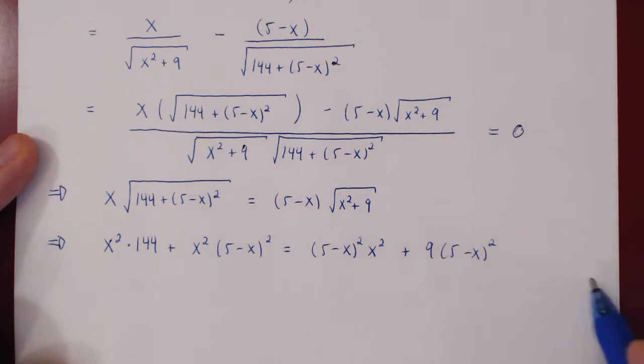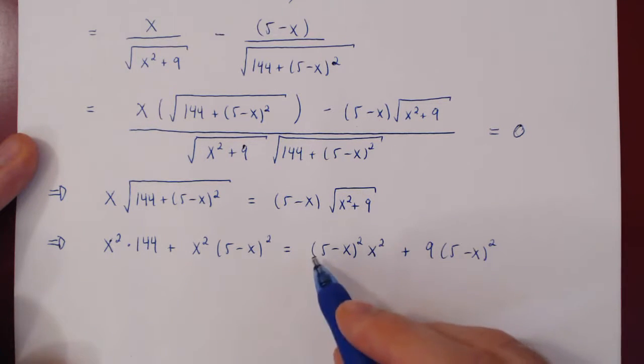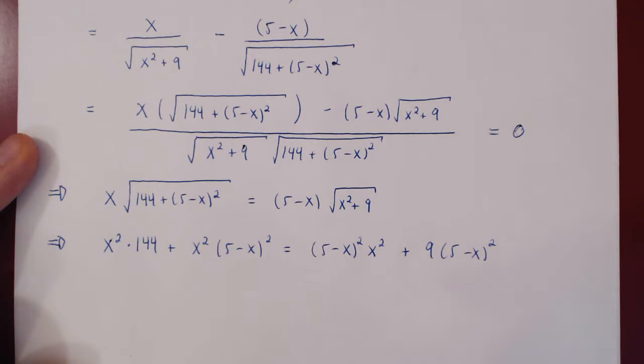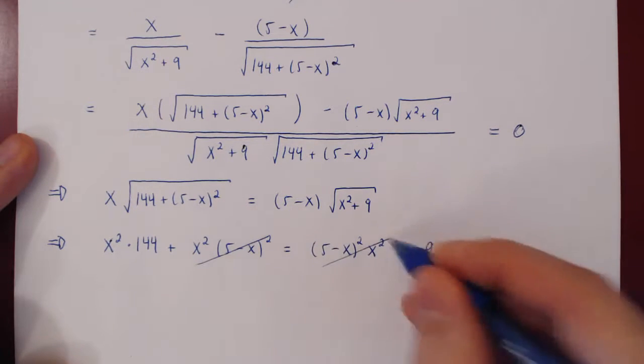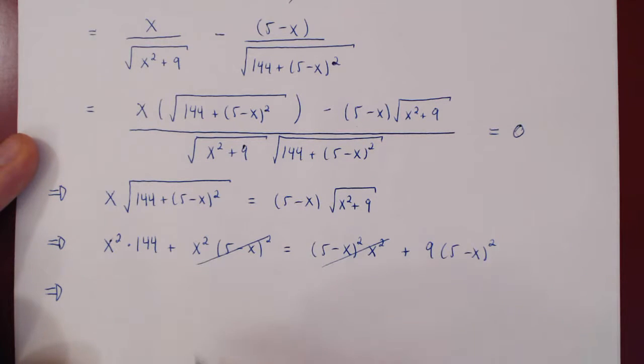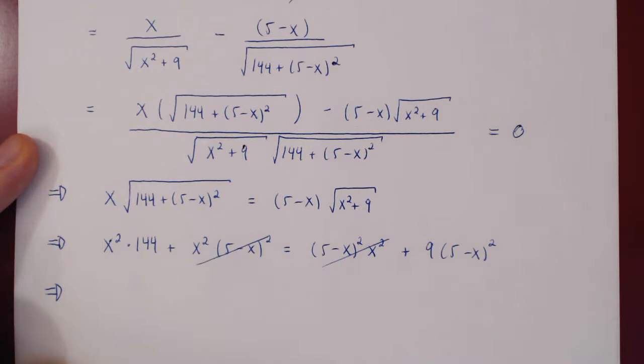And if you look at this, there is something interesting. x squared times 5 minus x squared shows up on both sides of the equality. We can cancel it. And so we're left with a now much simpler equality. We have 144 x squared equals 9 times 5 minus x squared. Let's see if we can cancel common factors between 9 and 144. 144 is 12 times 12, but 12 is 3 times 4.